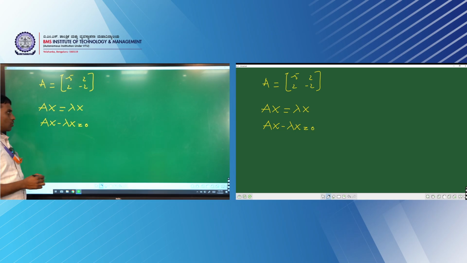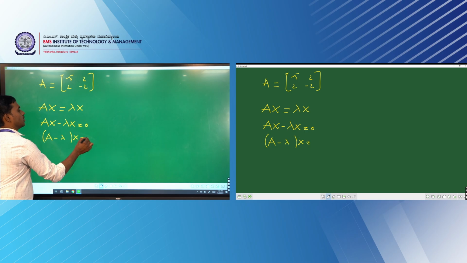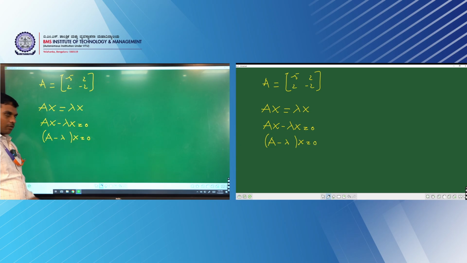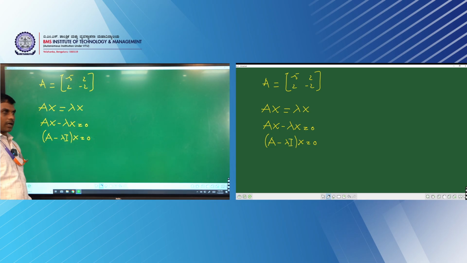Now we can write this as A minus lambda times x equal to 0. There is a problem here: we cannot subtract a constant from a matrix. So we multiply it by an identity matrix I, of the same order as the given matrix. Now (A minus lambda I) into x equal to 0.